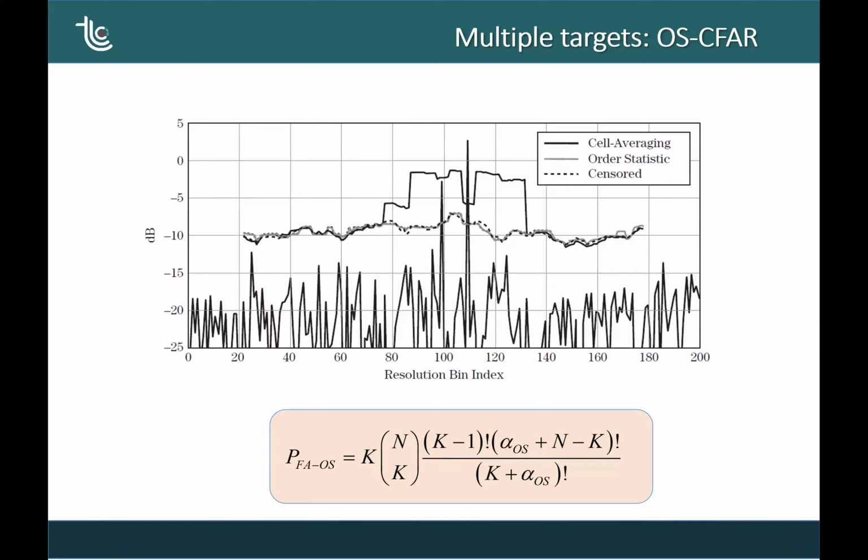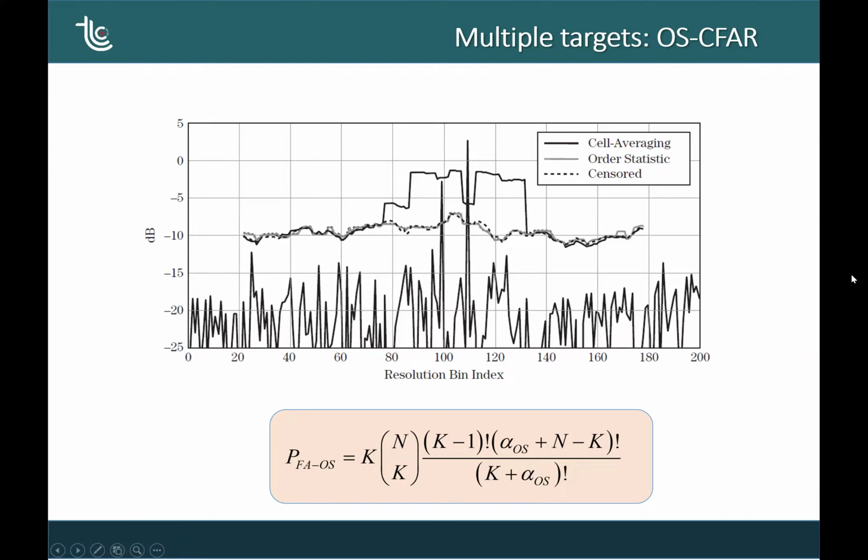But with the order statistic, that is the solid gray line, there is no masking, and you see that both samples, so both targets, overcome the threshold, the gray solid line, the threshold of the order statistic, and then we see both targets.